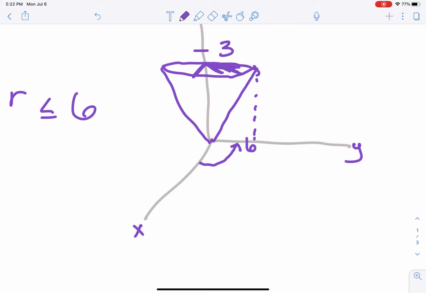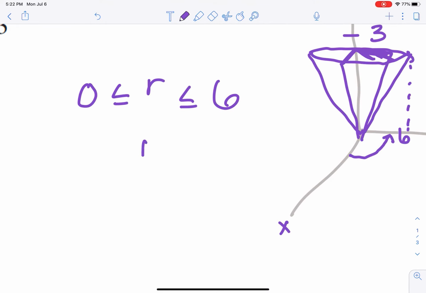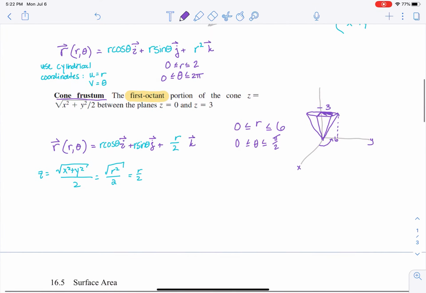I guess it's a very thin slice of a cone. So to get just that first octant, you would bound theta between 0 and pi halves. So this parameterization, along with these bounds, gives the correct surface parameterization.